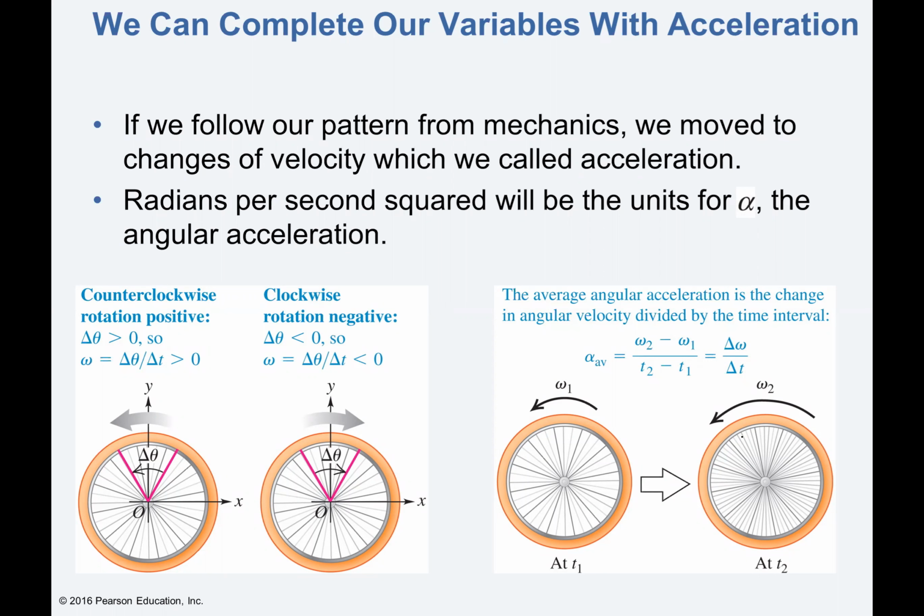Okay, so let's start with this one over here. One thing you can see here is there's a wheel that rotates counterclockwise. All right, so as we said, if there's a counterclockwise rotation, it means that angular displacement is positive.